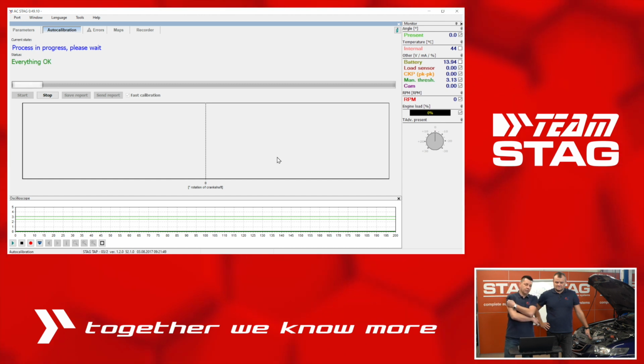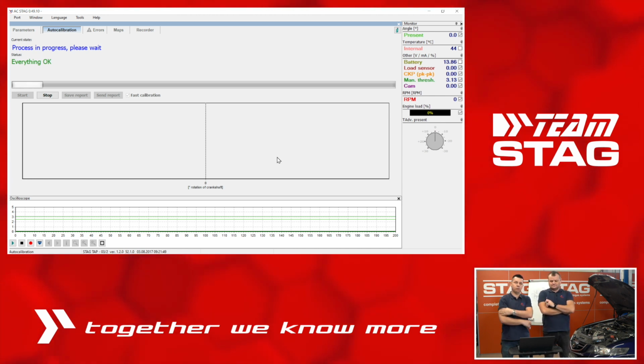Okay. Now the process is in progress. TAP right now is reading the information from the sensors, from the crankshaft position sensor, from the camshaft position sensor, and after a few seconds, few minutes, it will finish.